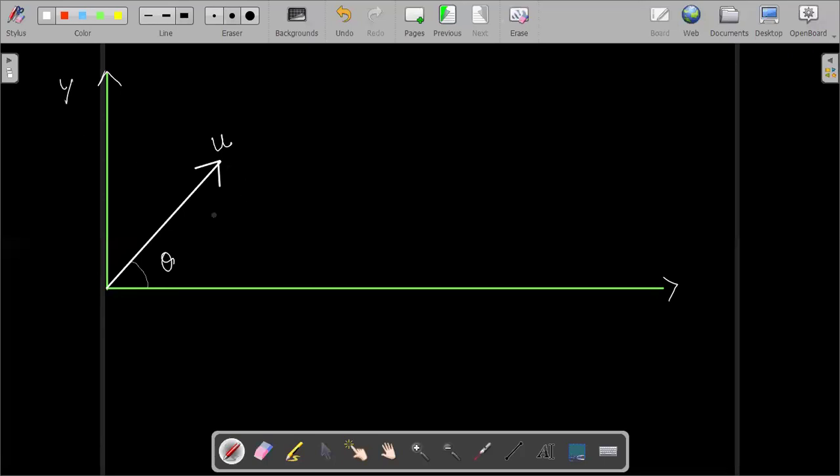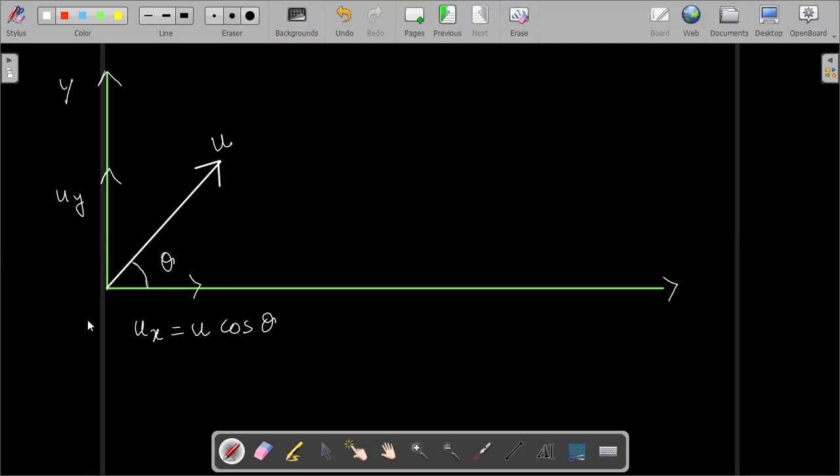The component of velocity along the x-axis I can write as ux, and this ux will be equal to u cos theta. The component of velocity along the y direction is uy. So I'm making the components of this initial velocity along two directions.